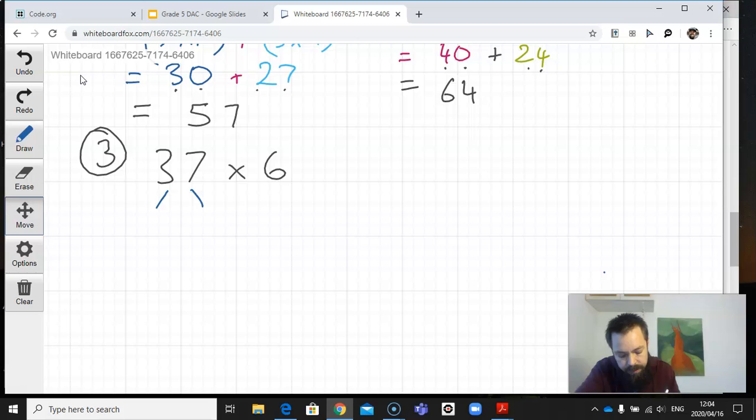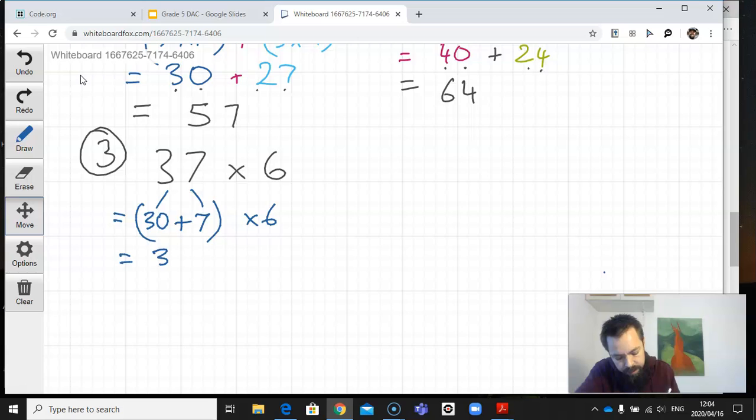So I broke this one down into 30 times 6 plus, oh, sorry, I'm jumping the gun here. So this one is 30 plus 7.